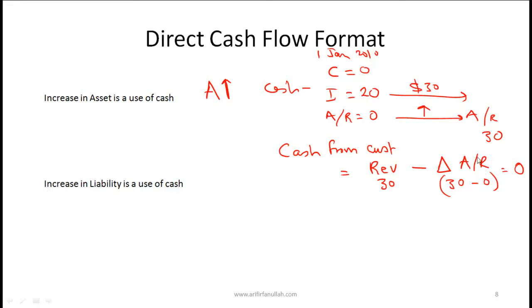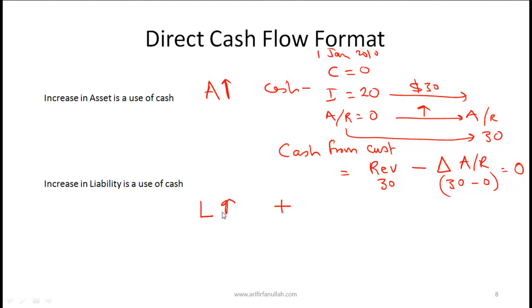So the 2-3 main points to understand here: any increase in assets, such as increase in this accounts receivable. So increase in asset is a use of cash, which means that you have to subtract the number. On the other hand, increase in a liability is a source of cash. That means that you would add the number.